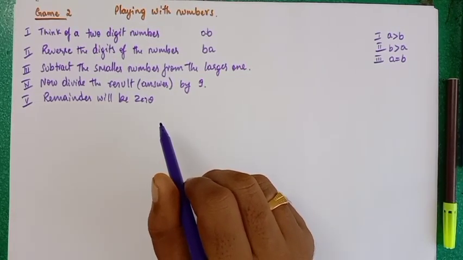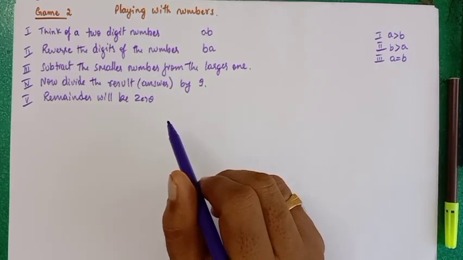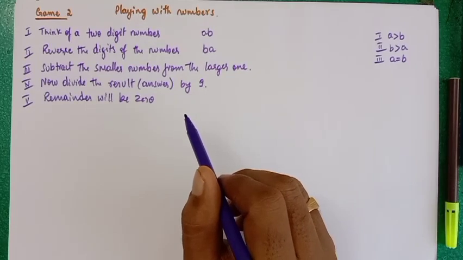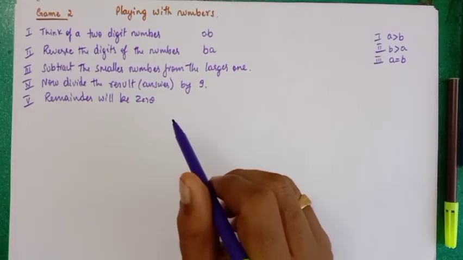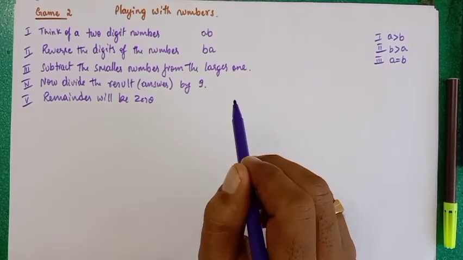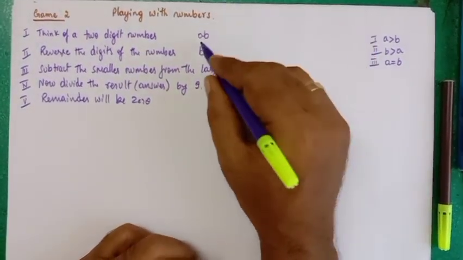In this textbook also, by Meenakshi and Sundaram, they play this game. Yes, right? It is applicable for all the 2-digit numbers. Now let us understand this with a small example.